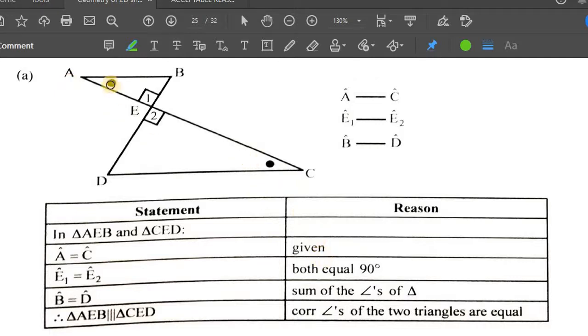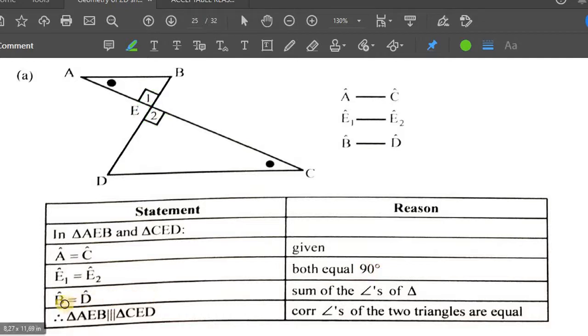We got the dot there representing angle C, given. It was given to us, it's on the diagram. E1 is equal to E2. I'll also accept given there because it's shown that it's 90 degrees, but they're saying both equal to 90 degrees, right? That's also accepted.